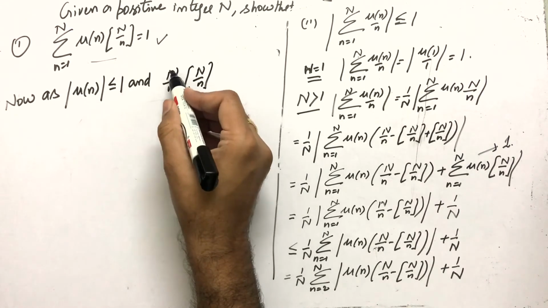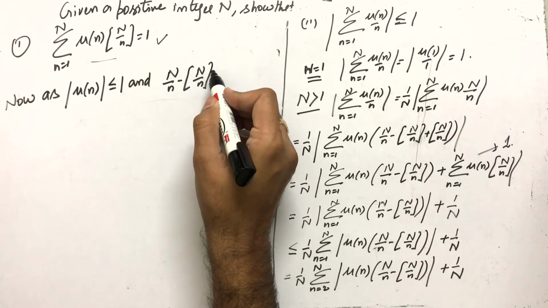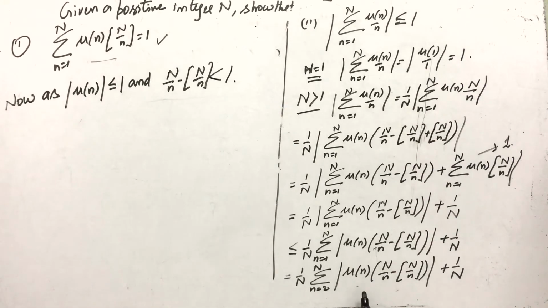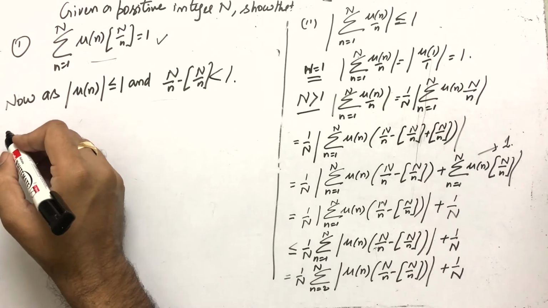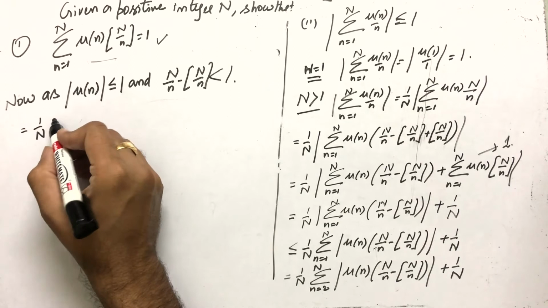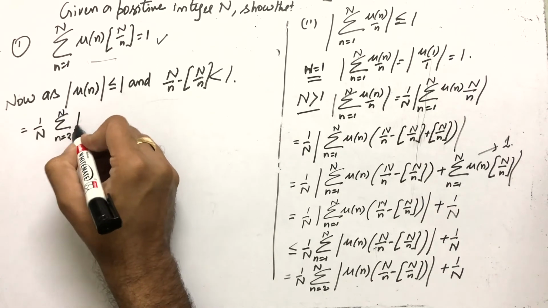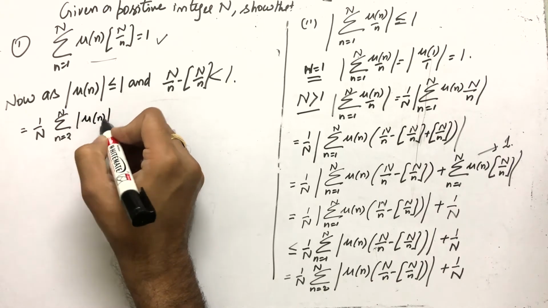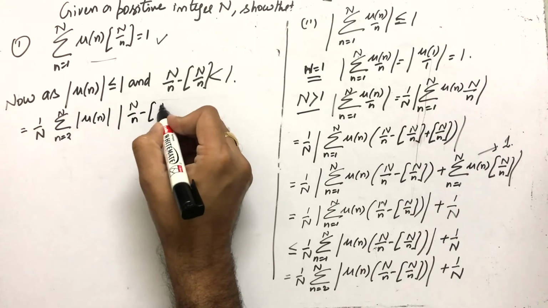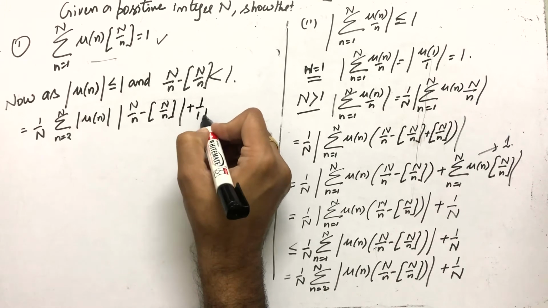As you see, this is a number minus its integral part. We are left with the fractional part, and the fractional part is always less than 1. And this term may be further written as 1 by N summation n from 2 to capital N of mod of mu(n) into mod of N by n minus the greatest integer of N by n, plus 1 by N.